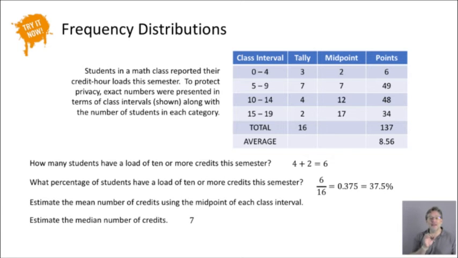So the 8th and 9th values must be in that second row. So we can estimate that the median value would be 7, the midpoint of that class interval there. So the median number of credits we've estimated as being 7. Slightly less than that average value that we're seeing there of 8.56.